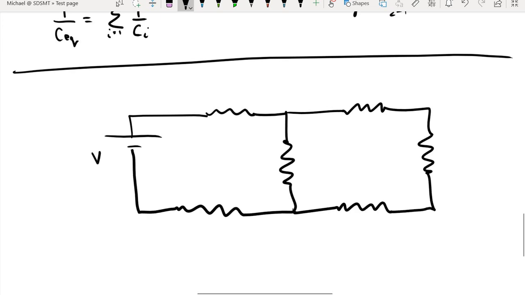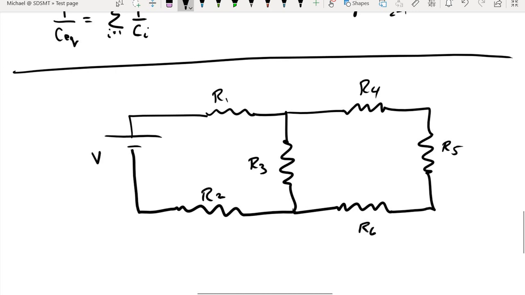So I'll just jot down a quick little circuit here. So 6 different resistors, they're connected to a battery of some voltage. And what I want to know is everything. So what is the current passing through each resistor?